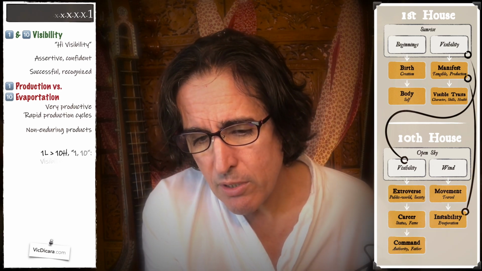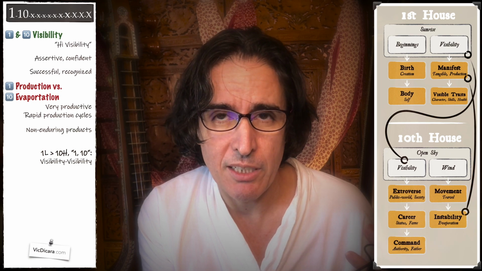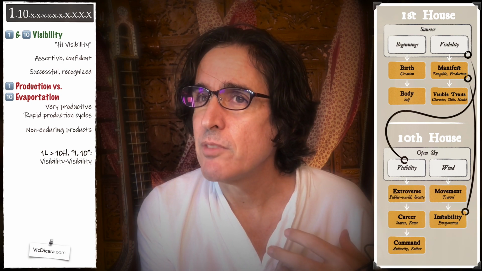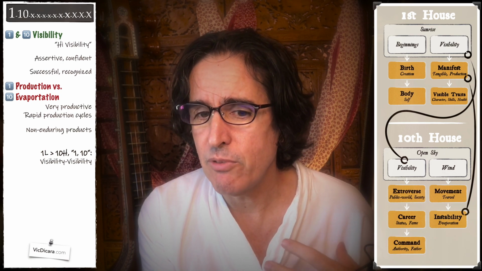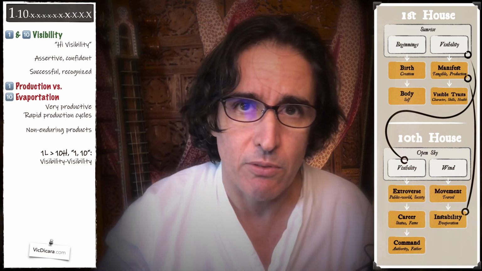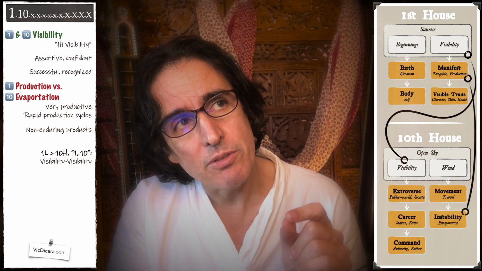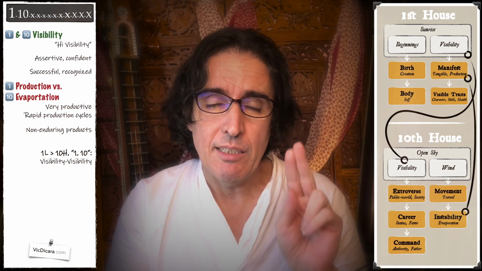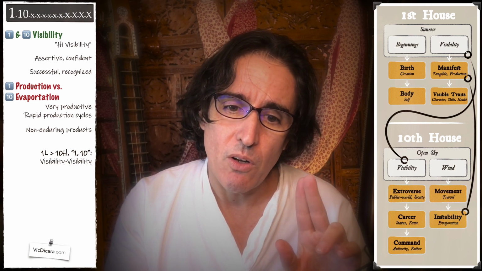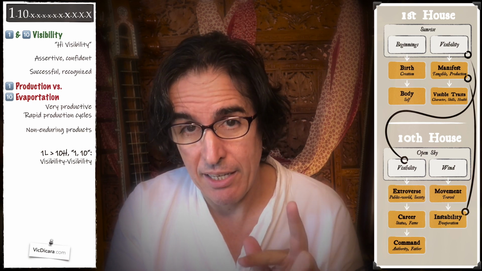If you have first lord go into the 10th house, then you're going to see more of an emphasis on the visibility synergy. 10th lord in the first house, you get more of a high visibility, assertive, confident, successful, recognized person. And this will also happen if you have 1 and 10 in sequence in the DNA code, especially in that order, 1-10.